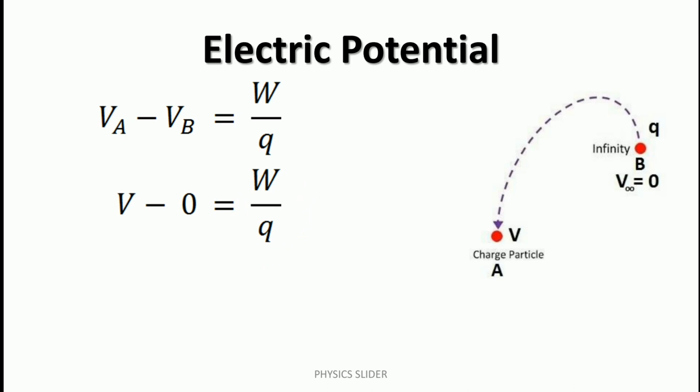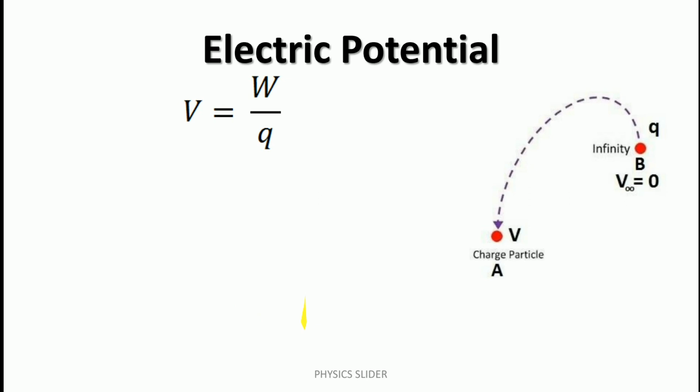So we have V is equal to W upon Q. This is the expression for the electric potential. It happens when we take this point B to the infinity, where the electric potential is 0. So we will define this with the help of this formula. V is equal to W upon Q. If Q is equal to 1, then V is equal to W.